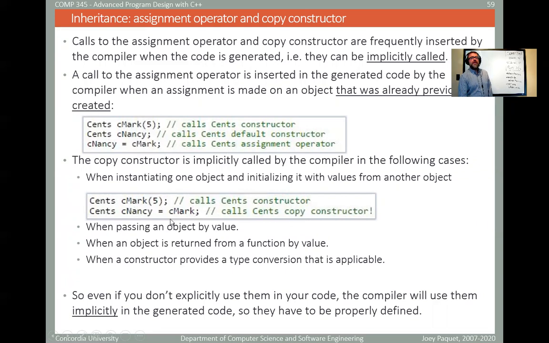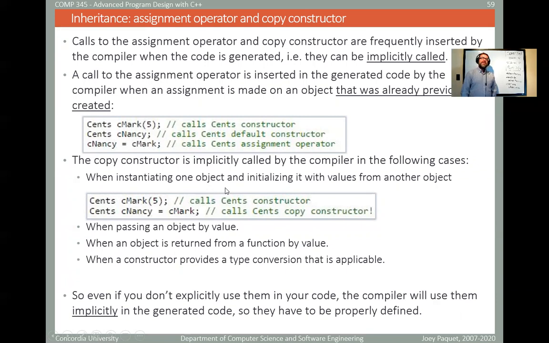The default constructor and the assignment operator are not going to be called. Essentially, this object is going to be passed to the copy constructor to create the new object, Nancy. So even though there's an equals sign here, this will not result in your assignment operator being called, but rather the copy constructor.